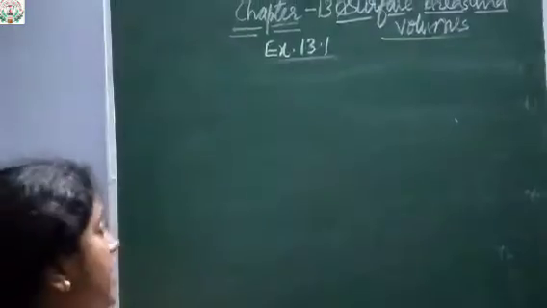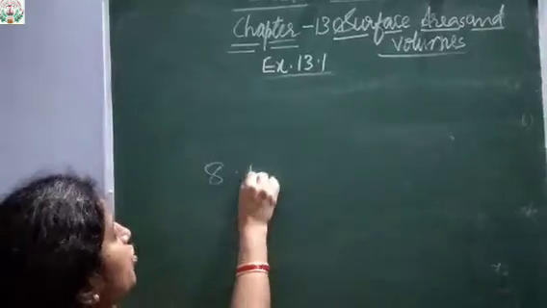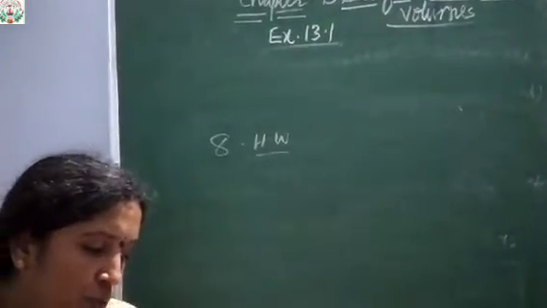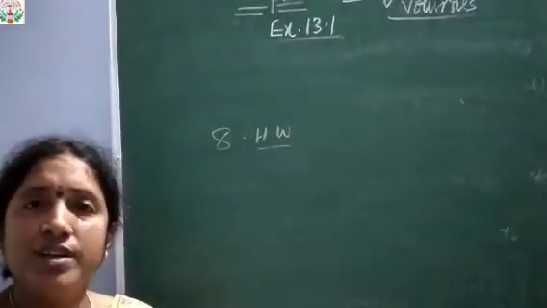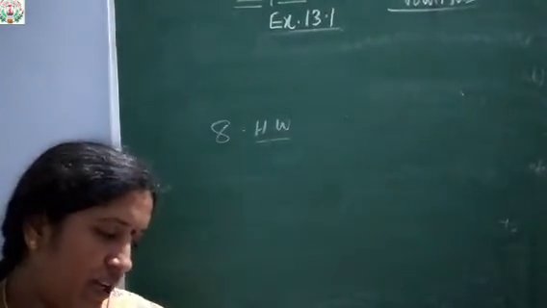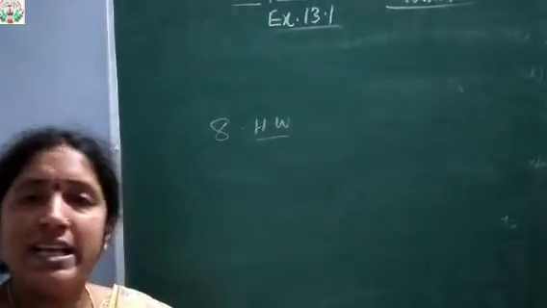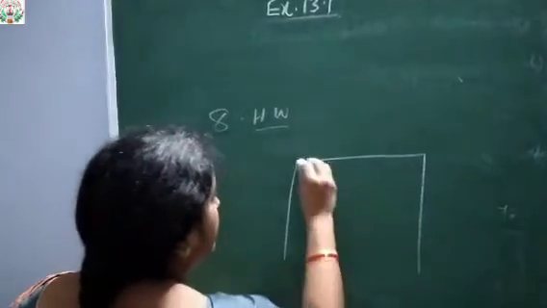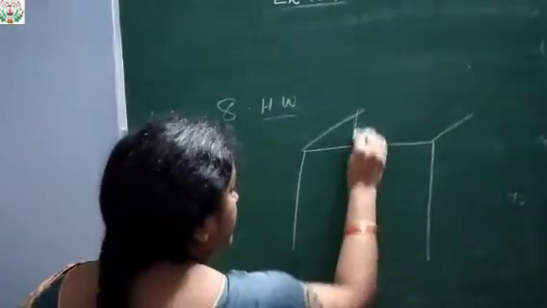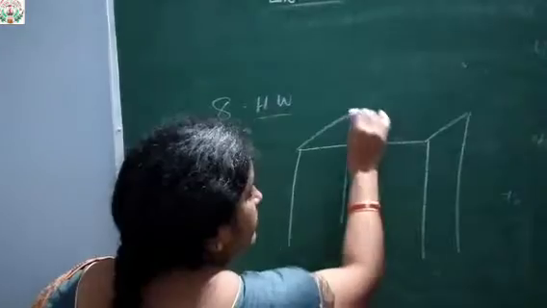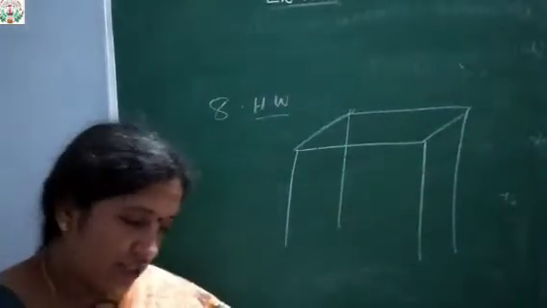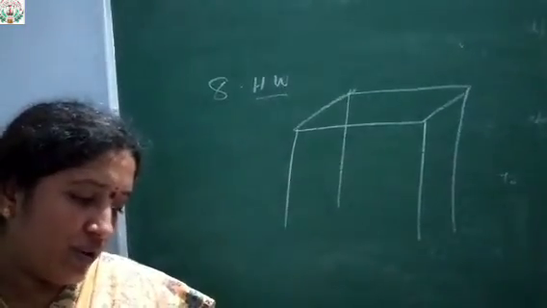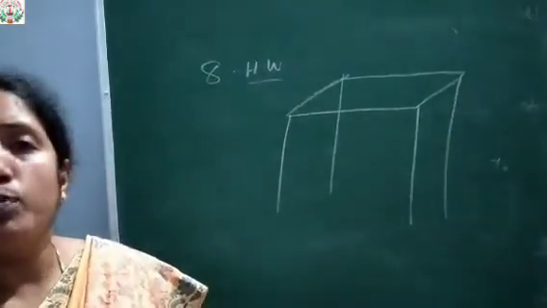Okay. 8th question now, children, this will be your homework. What is that question? See, Praveen wanted to make a temporary shelter for her cow by making a box-like structure, with a tarpaulin that covers all the four sides and the top of the car.